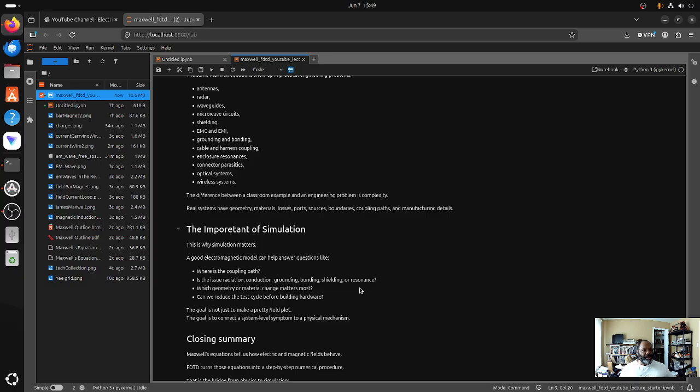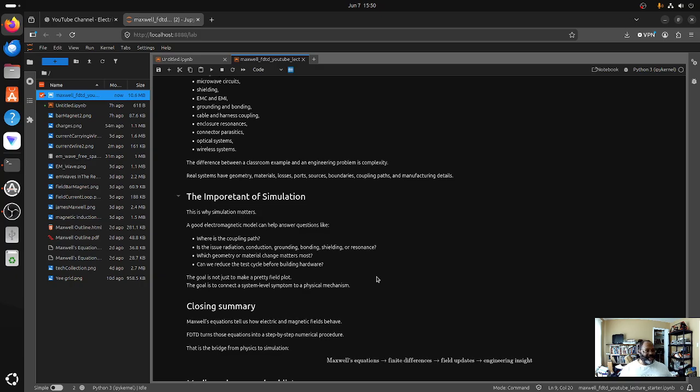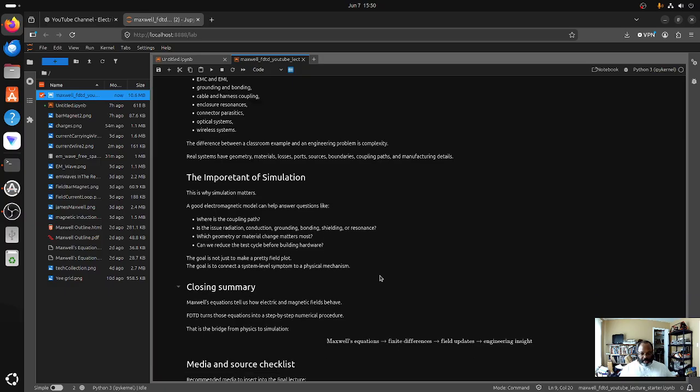Which geometry or which material matters the most in this particular design? Or can we reduce the test cycle by building our models virtually first before we actually do a physical build of a prototype? So the goal then is not just to make some type of pretty plot. The goal is to connect a system level symptom to physical mechanism.